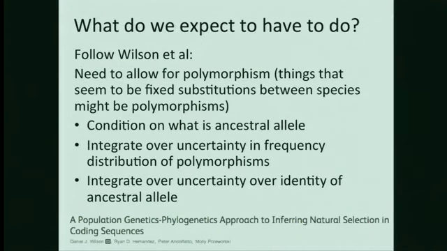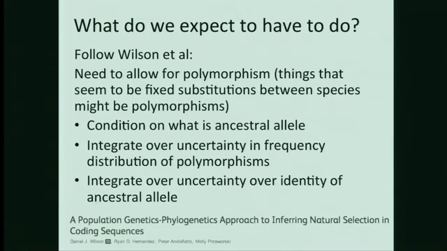So the whole of this talk basically was supposed to build up to this, and I'll talk to you about it in the bar afterwards. So the idea is that I want to allow for polymorphisms, so things that seem to be fixed substitutions between the species.